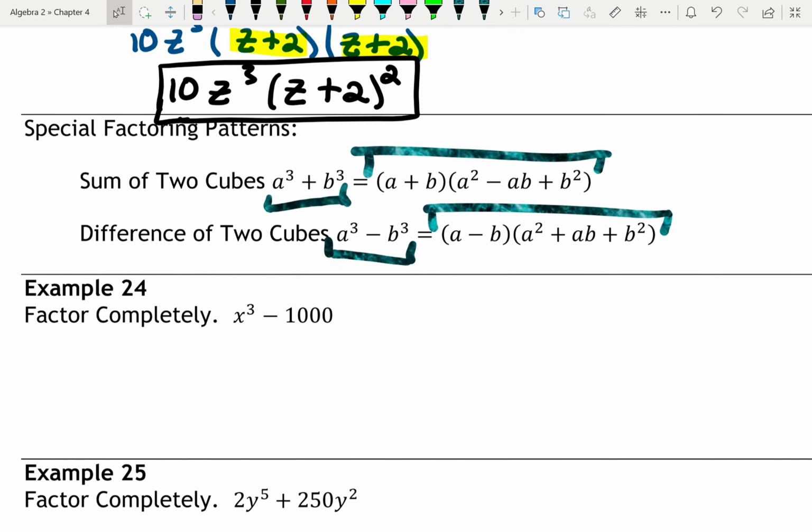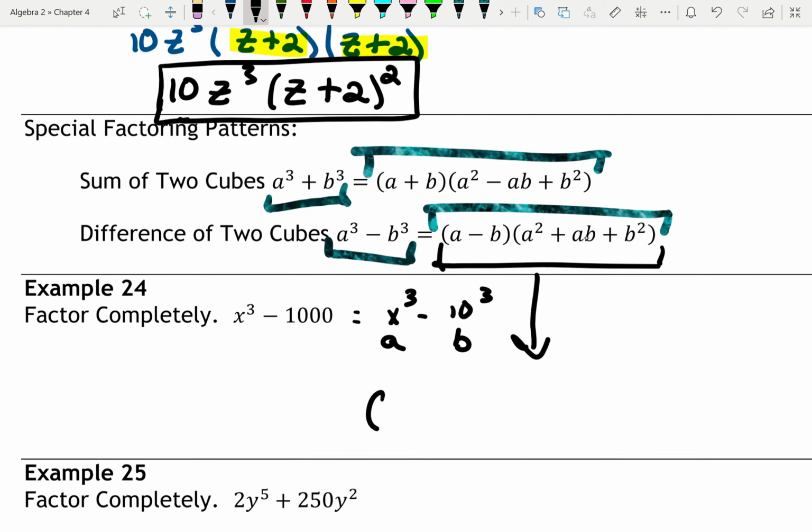At 24, it looks like there's a difference of 2 cubes. So this would be x cubed minus 10 cubed. So my a is x and my b is 10. So I'm going to use this formula right here for a difference of 2 cubes.